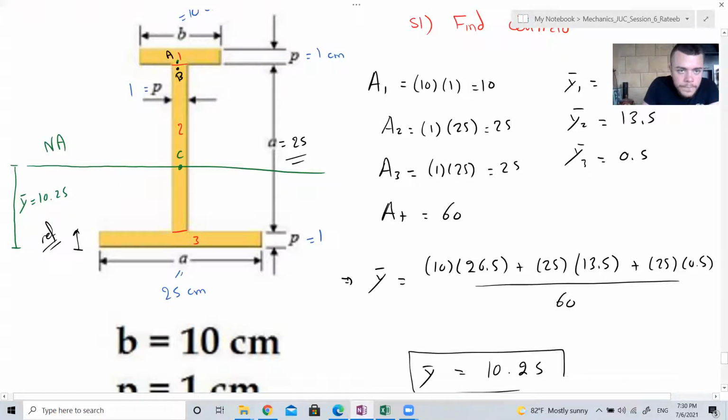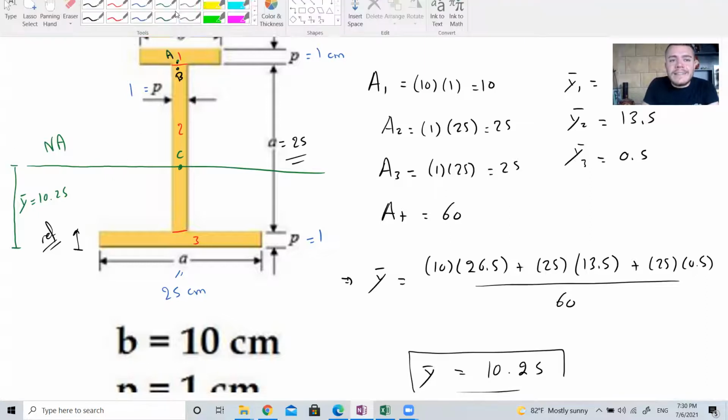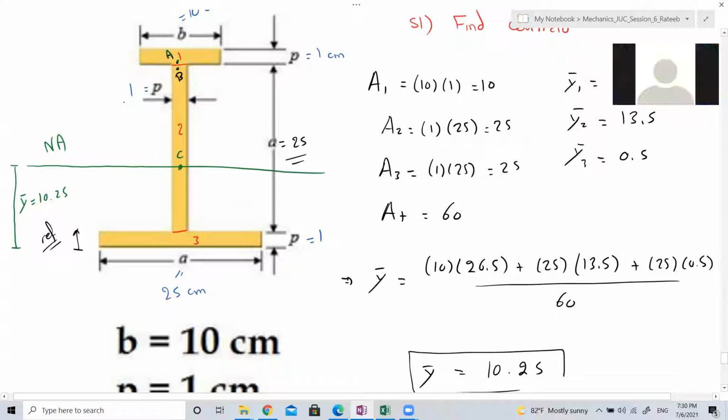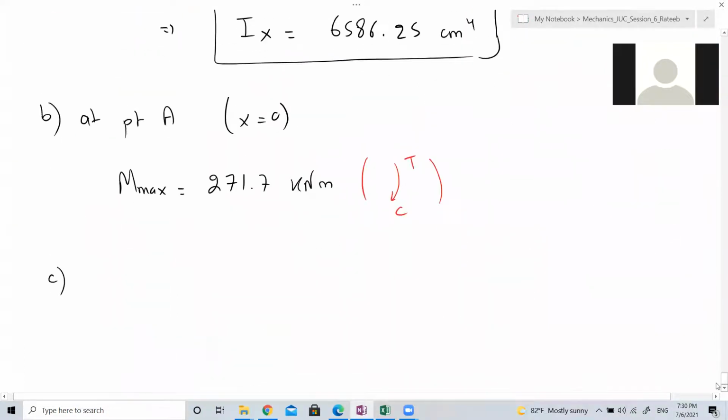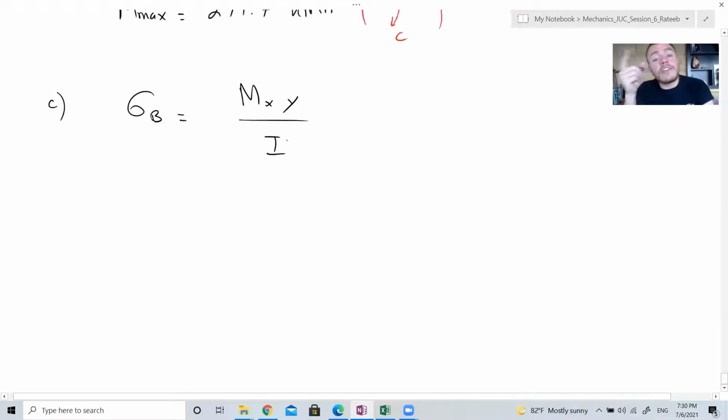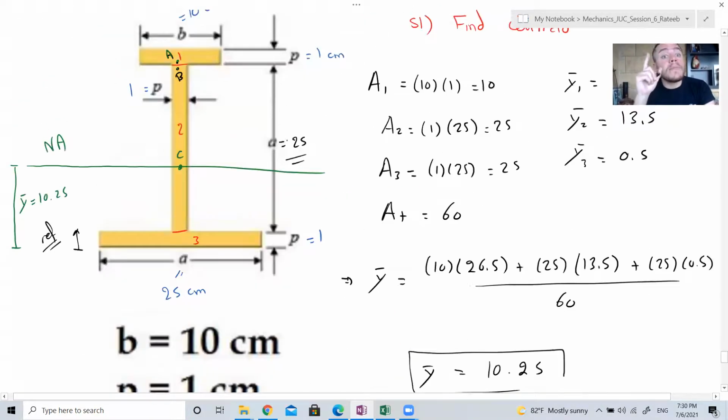عم نفهم. Who can tell me what's the bending stress at point B? It's Mxy over I. First of all, is it in compression or in tension?